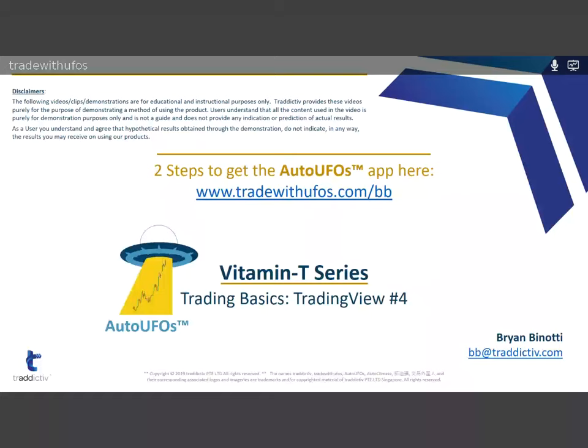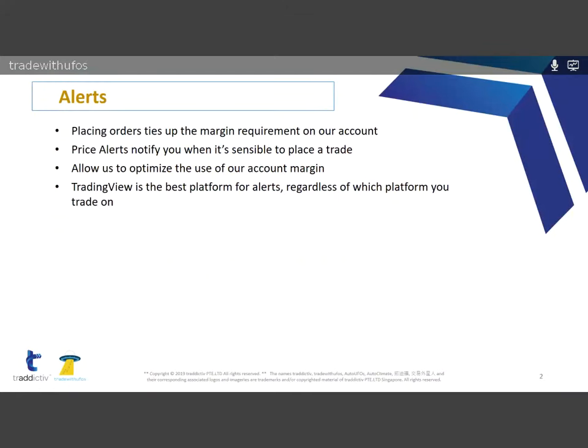Okay. So today we're talking about alerts. Last video we talked about placing orders. So there were limit type orders where we're placing our orders in the market and we're not necessarily in the trade. We're just waiting for price to come down to the price or up to the price where we're willing to be buyers or sellers.